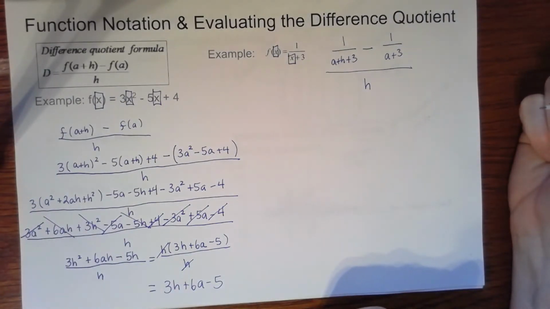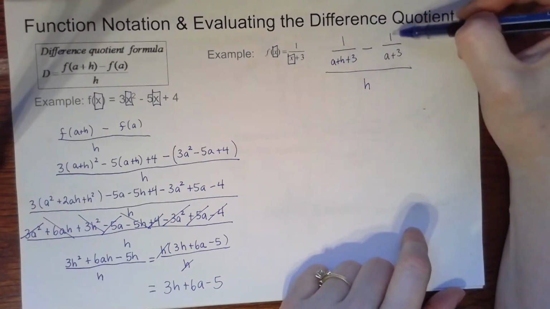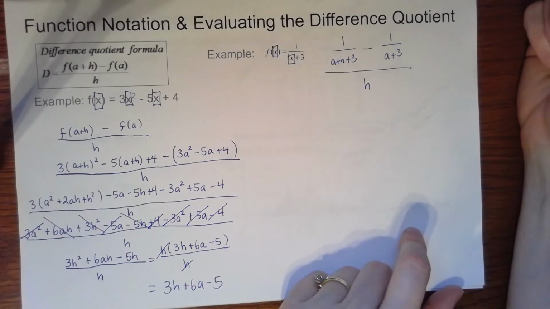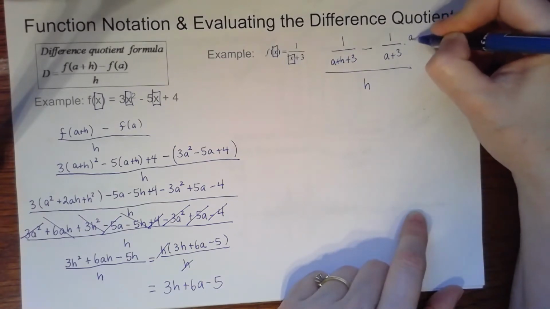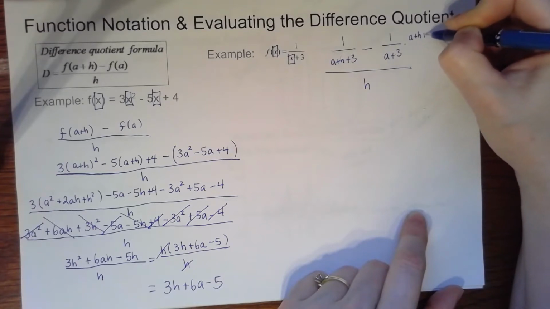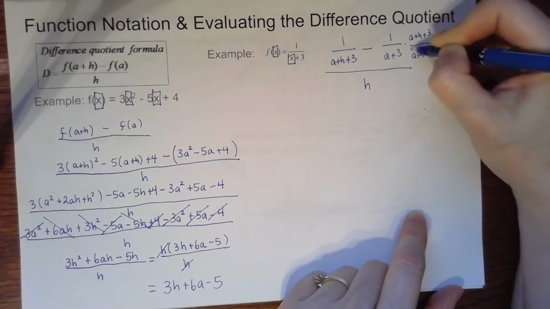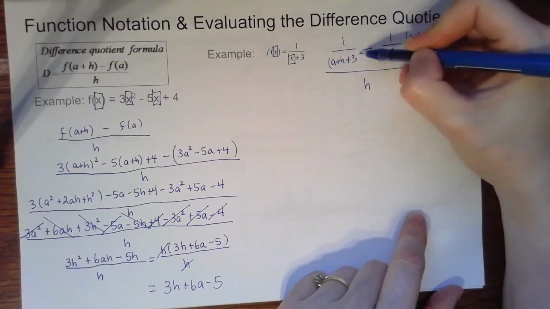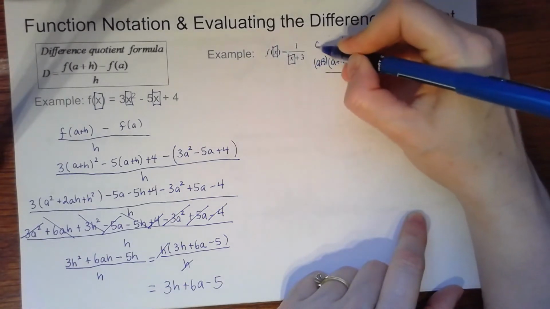All right, so that means we've got to find a common denominator so that we can combine these two fractions up here. Okay, so I'm going to have to multiply this one by a plus h plus 3 over a plus h plus 3. And I need to multiply this one by a plus 3 over a plus 3.